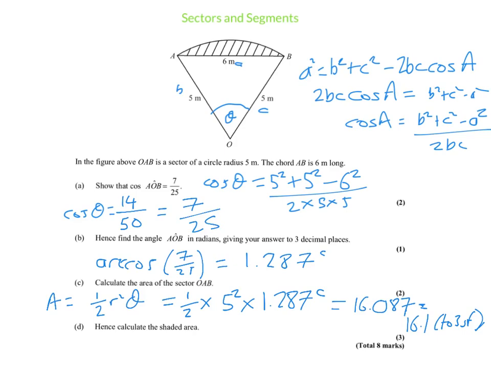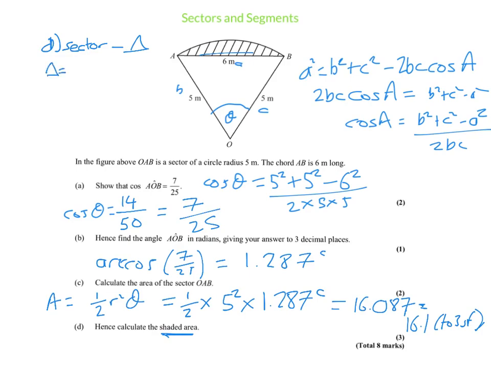Well, let's have a look. I'm going to do part D up here. So we've got this shaded area. We want to work out this shaded area here. Well, that's going to be the sector minus the triangle.